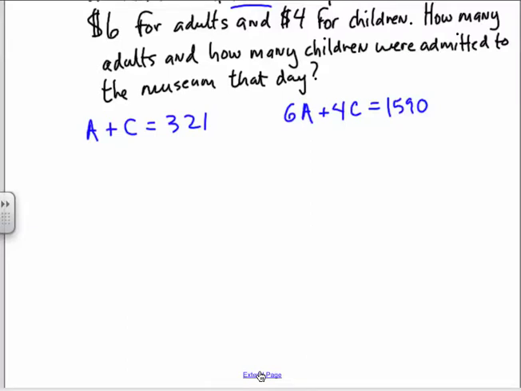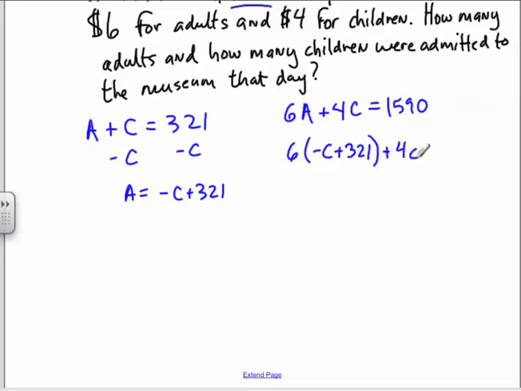So I'm just going to use substitution. I'll subtract C from both sides, and I get that A is equal to negative C plus 321. Alright, so then 6 times, not A, but negative C plus 321 plus 4C is equal to $1,590. Negative 6C plus, can I do that in my head?